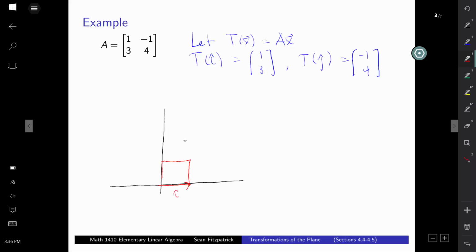Here's i, here's j. So T of i, well, 1, 3, so I go over 1, up 1, 2, 3, and it's going to be there. There's T of i. T of j, I go 1 to the left and up 1, 2, 3, 4. There's T of j. And for the sum, well, we know how to do that.